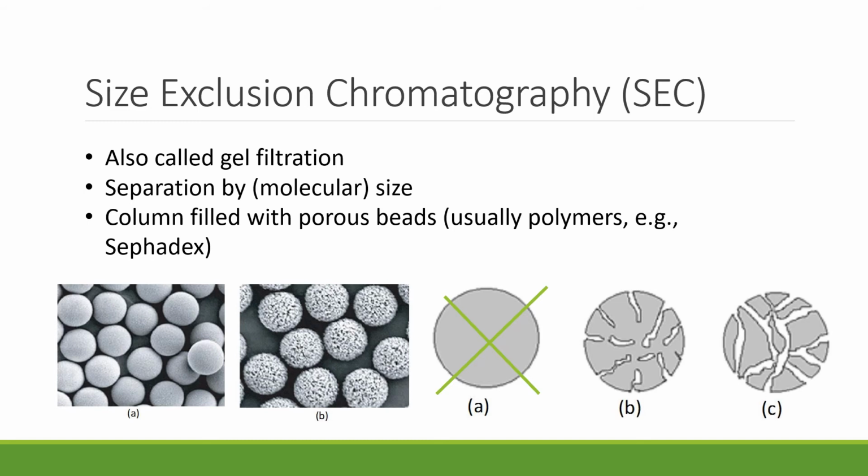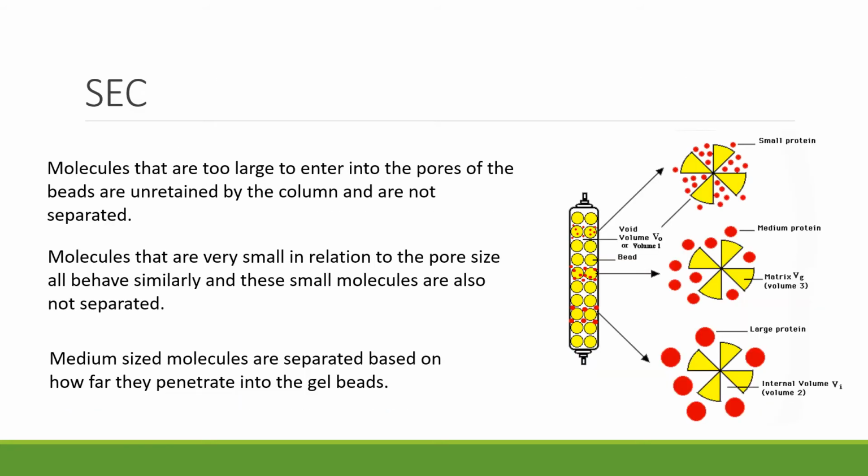These porous beads will interact with the sample components as they pass through the column. When the sample passes through the column, it's going to interact with the beads that are filled inside of the column.